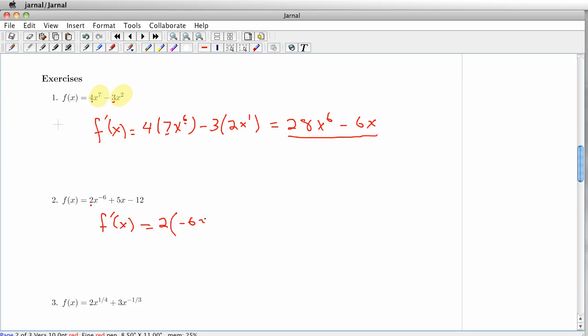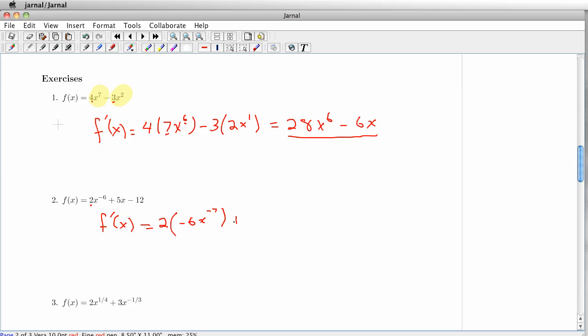And then I have x to the power. Now the power here should be 1 less than negative 6. Well, 1 less than negative 6 is negative 7. Okay, so it's very important when the power is either a negative number or a fraction, to really stop and think about what 1 less than that means. That's a place where it's easy to make a mistake.